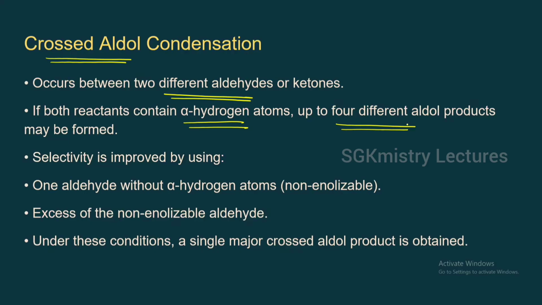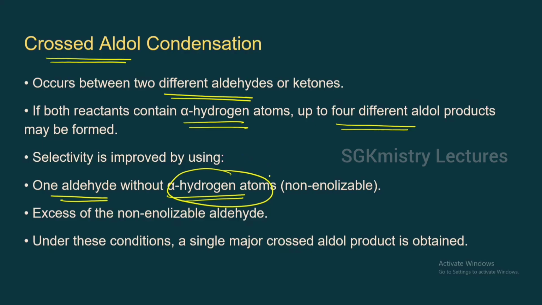variety of products, if you want to improve the selectivity, if you want certain products only, then what you can do, you can select one aldehyde without alpha hydrogen atoms. So this aldehyde, which does not have the alpha hydrogen atoms, will be only used for the attack of its carbonyl carbon. The base does not abstract any hydrogen from it because there is no alpha hydrogen at all.